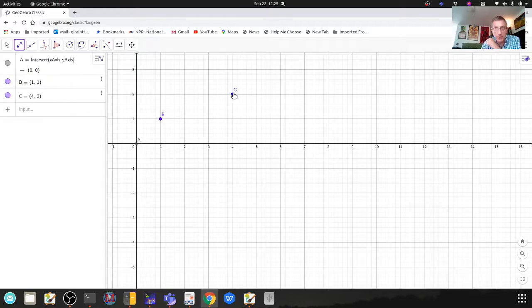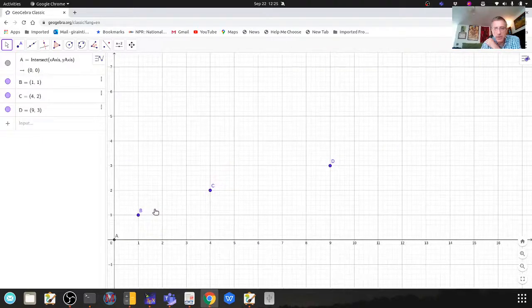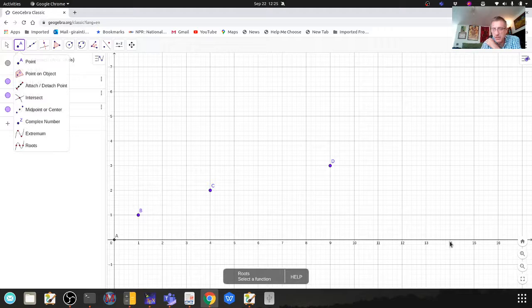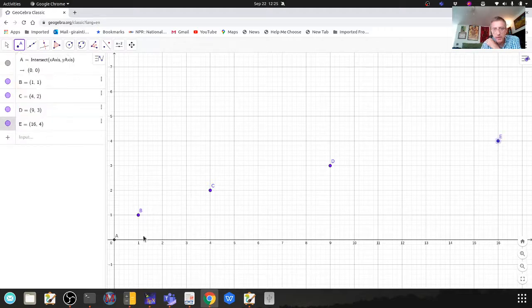When I say 4, 2, I mean x is 4, y is 2. My next one is 9, 3. So let me scoot this up some more. All of our outputs are going to be positive numbers too. And my last one is going to be 16, 4. So you can kind of see what that's doing right there.